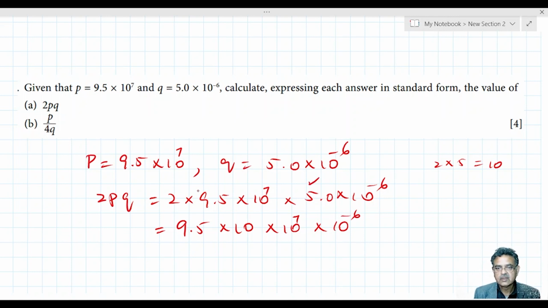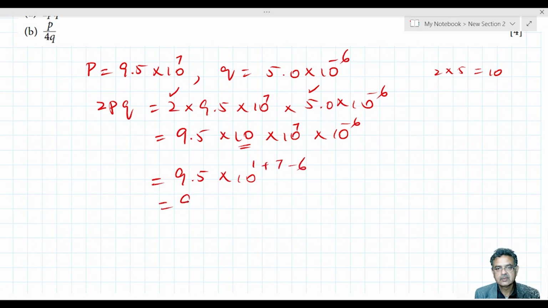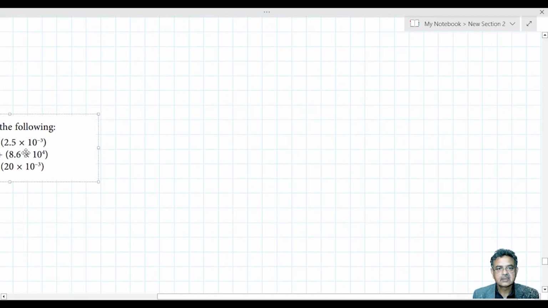What we have done, we have changed only these, the product of 2 and 5 equal to 10. Okay, now it will be 9.5, 10 to the power 1 plus 7 minus 6. So it will be 9.5 into 10 to the power 2. Okay, next question.